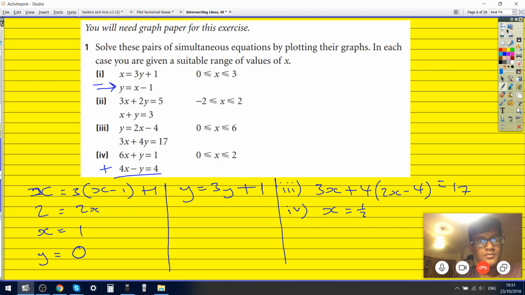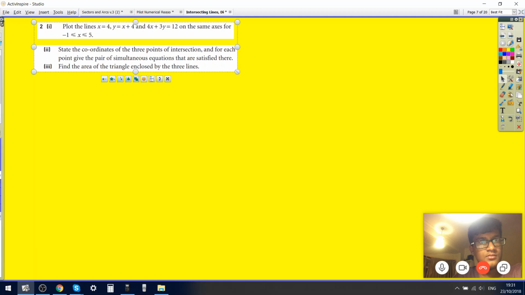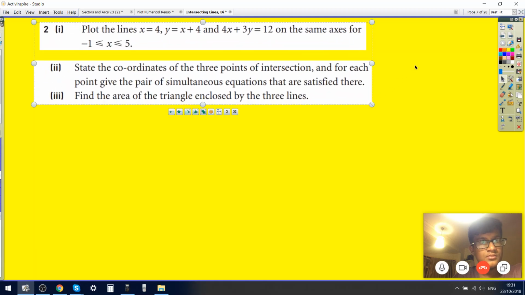They wanted you to draw these. I think that the actual questions won't ask you to do that. They'll ask you to perhaps draw one graph and then use that to solve the simultaneous equations, but not in a case like this where it's so obvious. I'll let you read this.